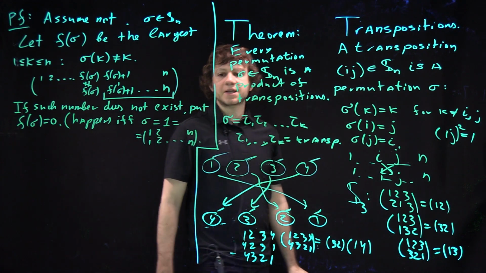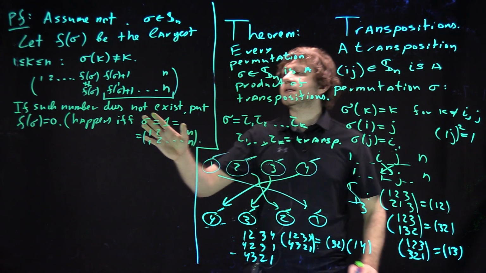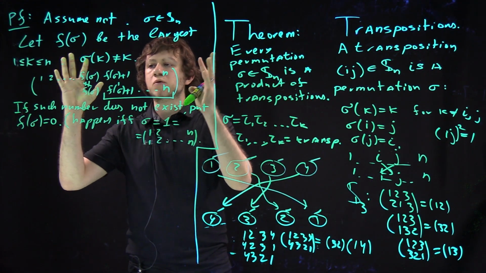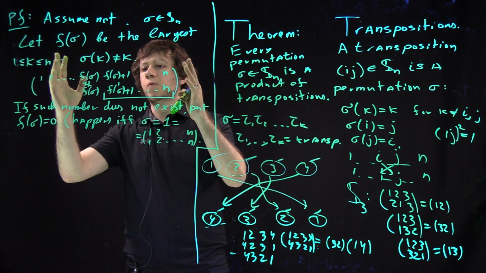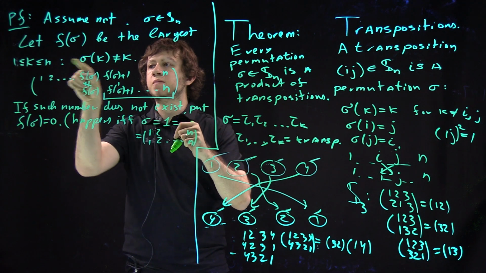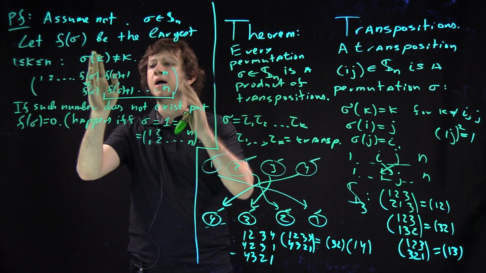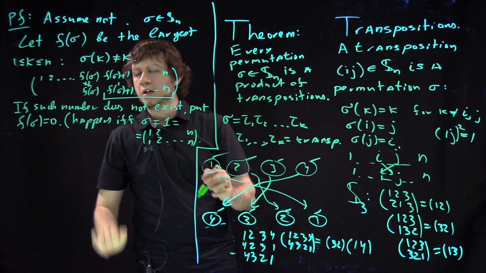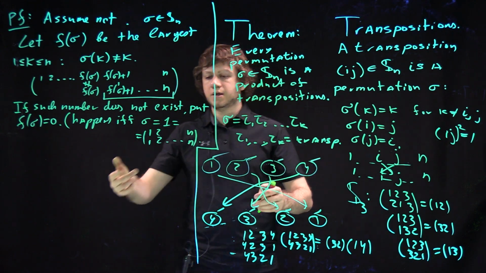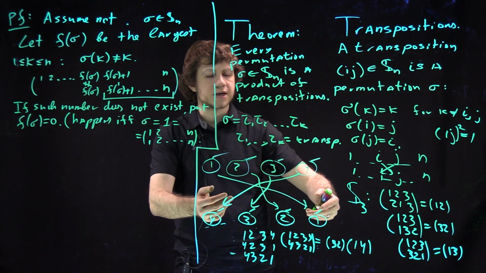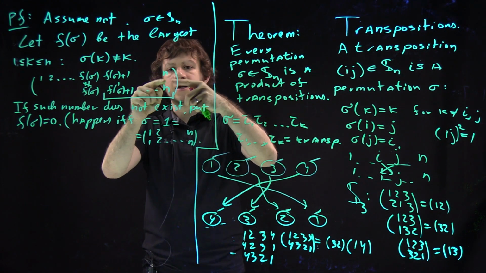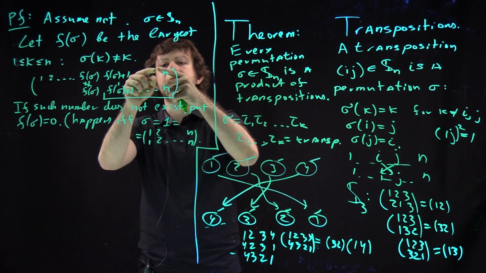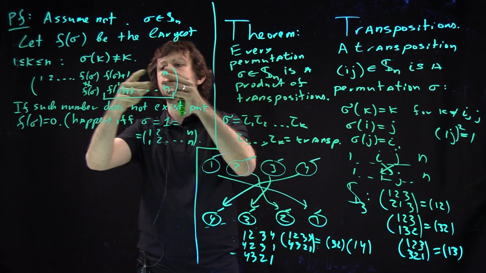Perfect. And as usual, the idea is that let's take the counterexample, the permutation we cannot present as such a product, which has the smallest such f of sigma, and then make it even smaller. So that's the idea. And so here it corresponds to the fact that first you do some transpositions to send n to n, then to send n to n, and n minus 1 to n minus 1, and so on and so forth.